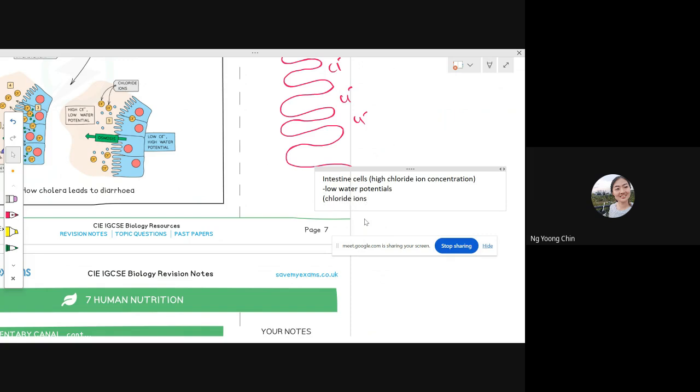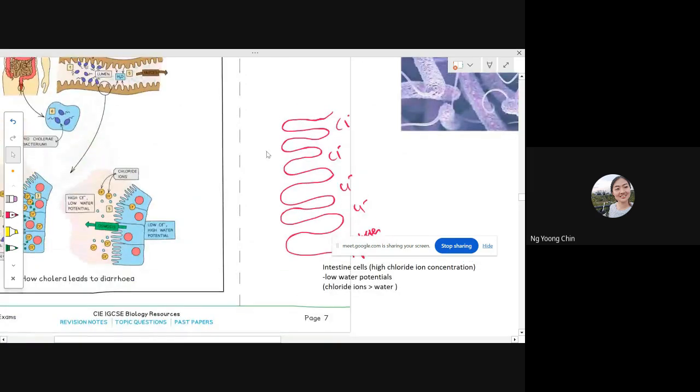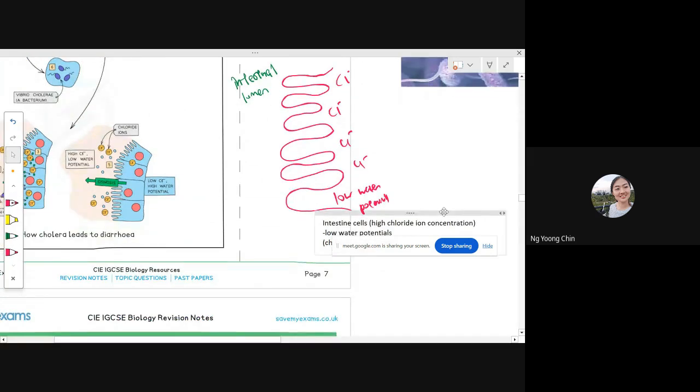Chloride ions are more than the water molecules. So here will be low water potential. So how about the outside? Outside here is what we know as the intestinal lumen, which is the intestinal content in the intestinal lumen. They usually have very high water potential.